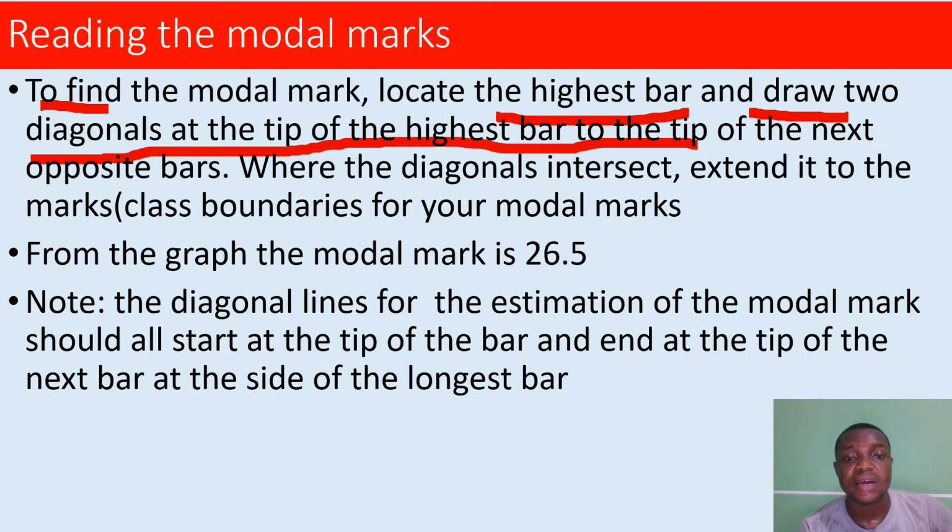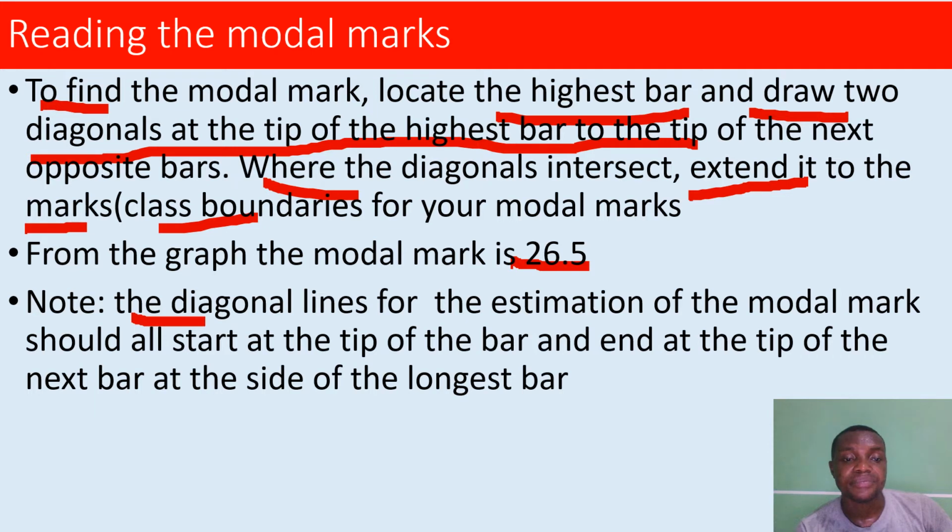Where the diagonals intersect, we extend it toward the horizontal axis or the class boundary to pick our marks. So from the graph, the modal mark will be around 38.